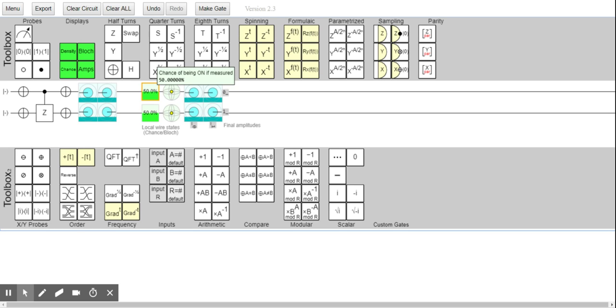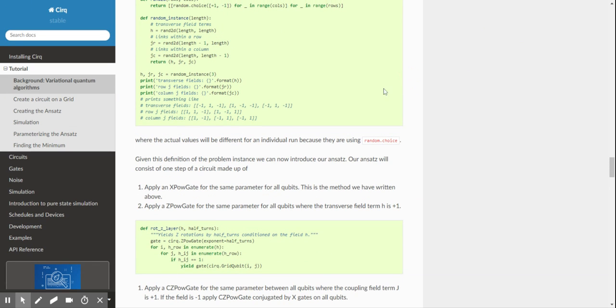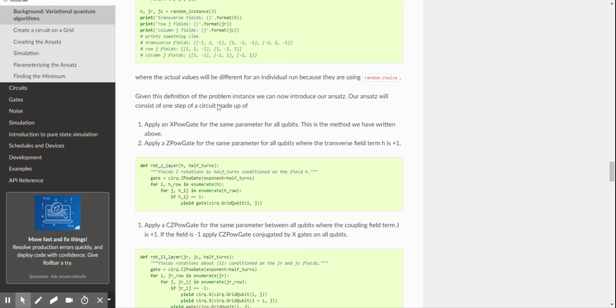Still, why do you choose a Z and why don't you choose something else? And I don't quite understand the initial X rotation, for example.